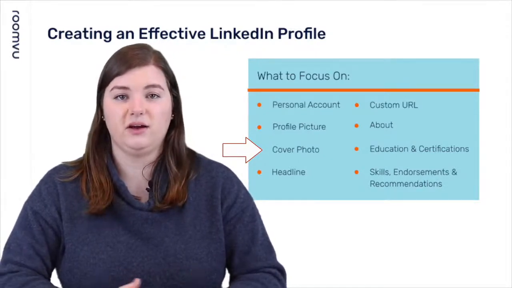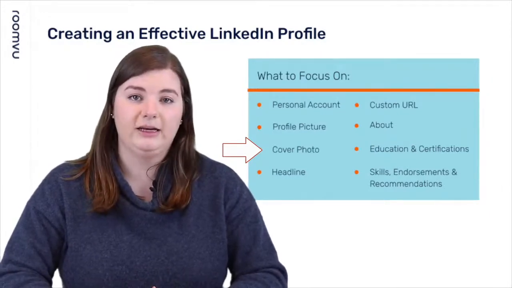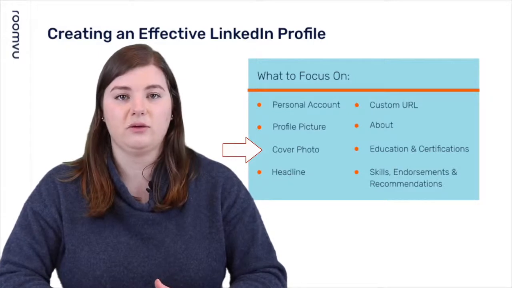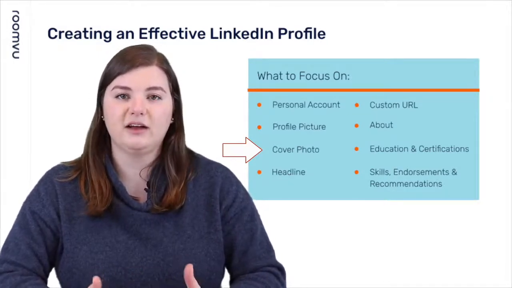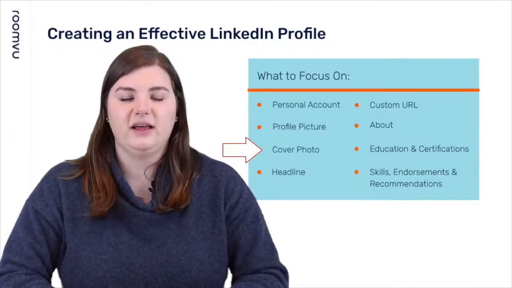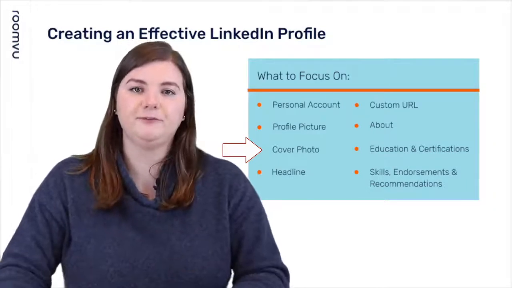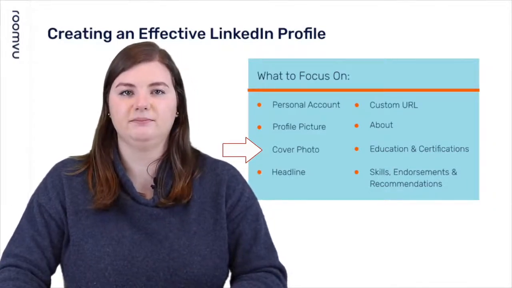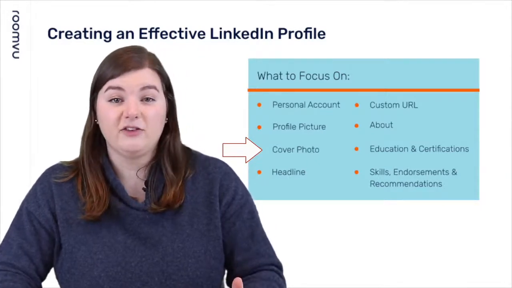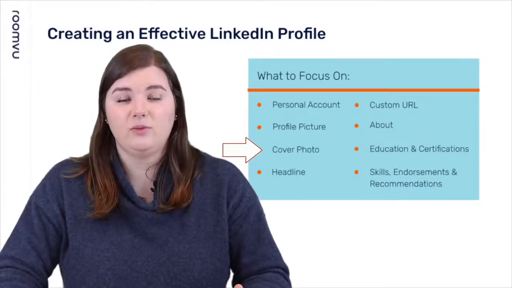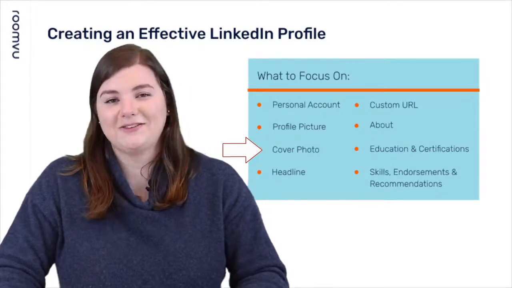You can also use this area to include additional contact information, really anything that you think piques somebody's interest, grabs attention, but really tells a story and gives you something to play off of and build off of that's recognizable. And the ideal size for that image is 1,584 by 396 pixels.